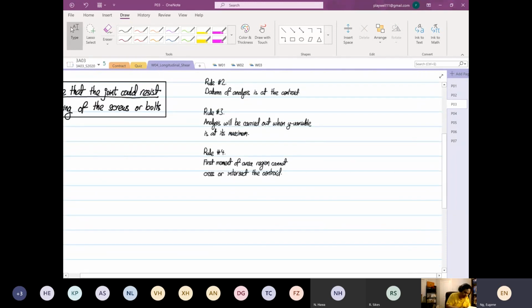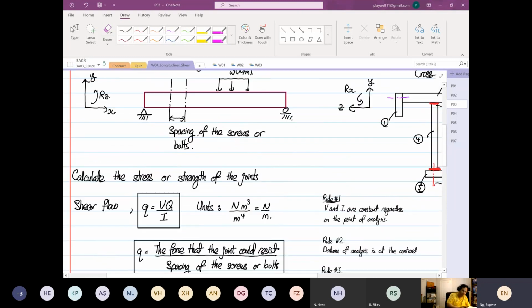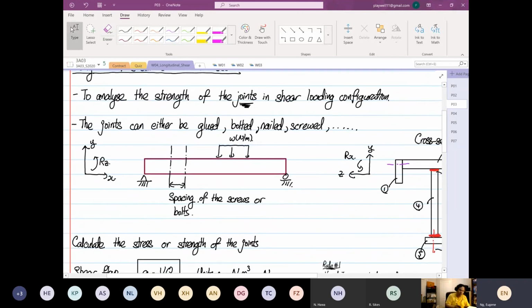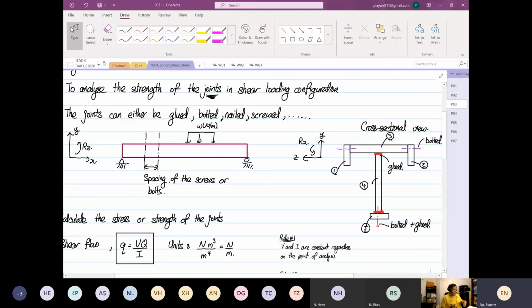The rules did not change. The rules are still the same. And we are going to analyze a structure that has been glued together, the cross-section glued together, that can have a distributed load, gradient load, point load, whatever. Okay. Any questions so far? So that's the theory part of it. Any questions, please? Anyone?